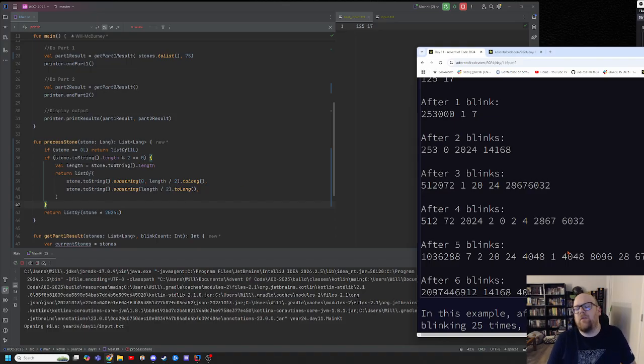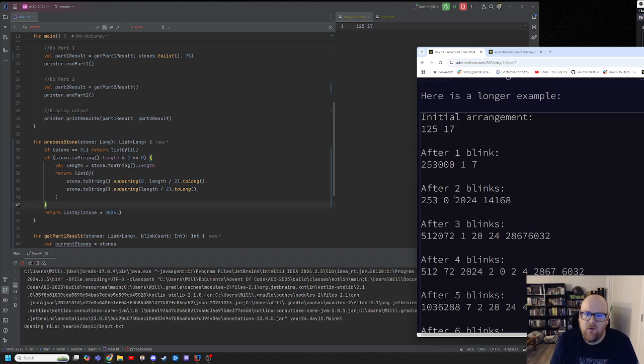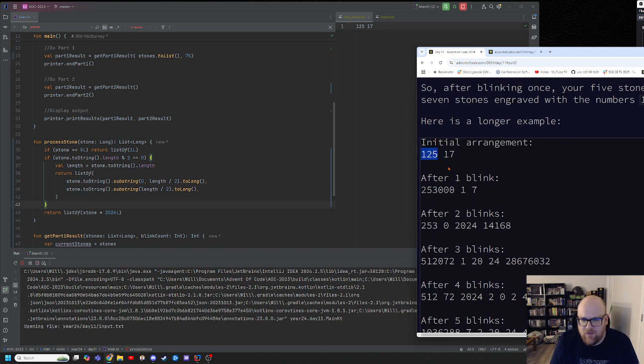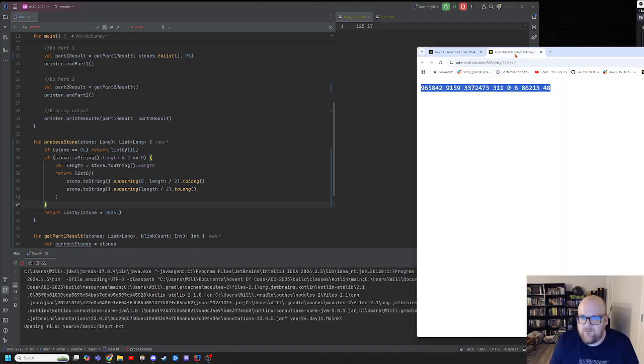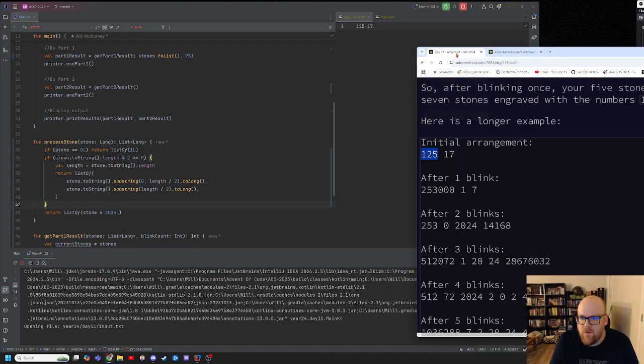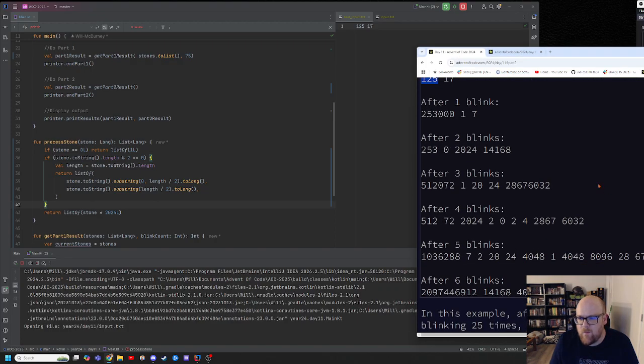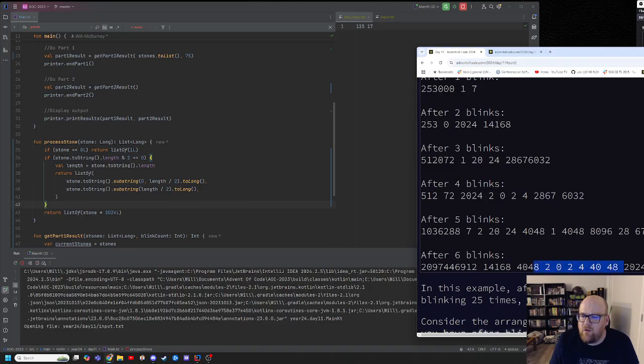The issue is I don't think I can just track the number of digits. And that's where it gets tricky, because here I multiply this number by 2024. But hang on, I'm noticing these numbers start to get smaller.